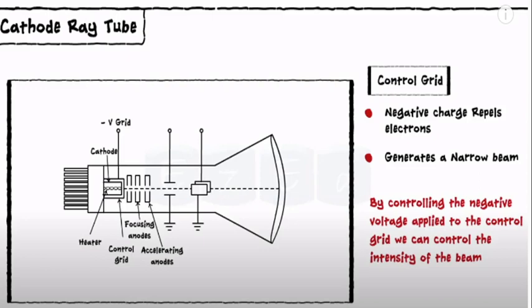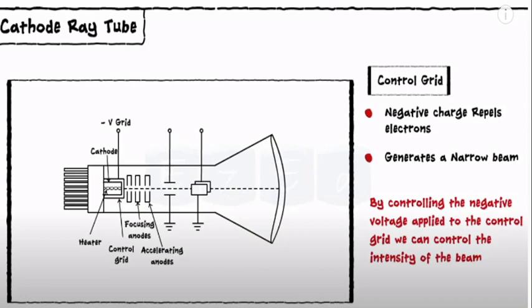These anodes are supplied with high positive voltage, which increases the velocity of the beam and keeps the beam focused. Thus by controlling the positive voltage applied at the anode, the focus of the beam can be controlled.